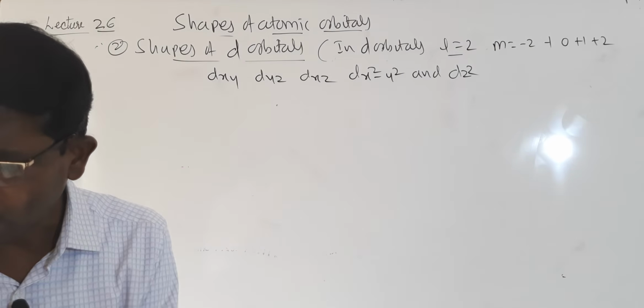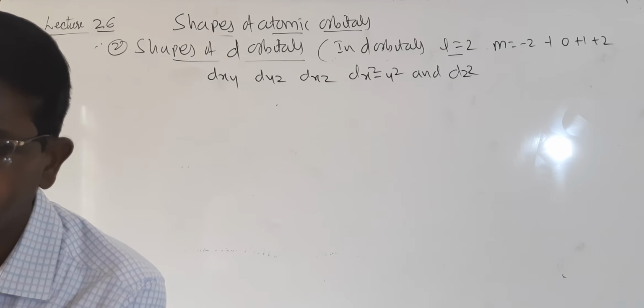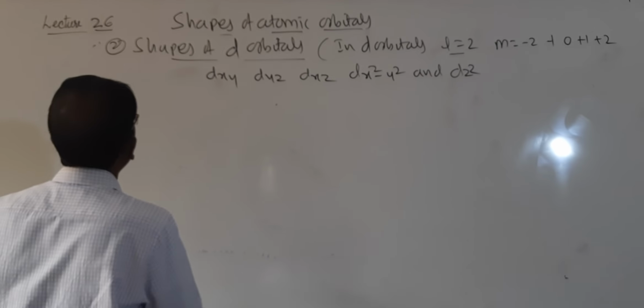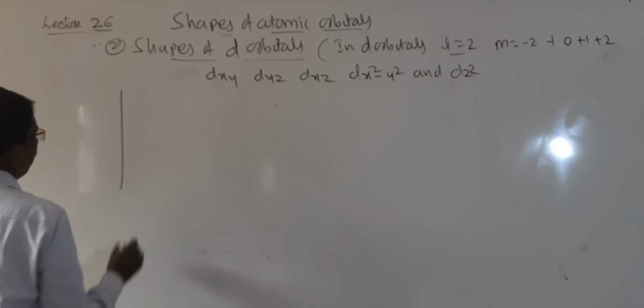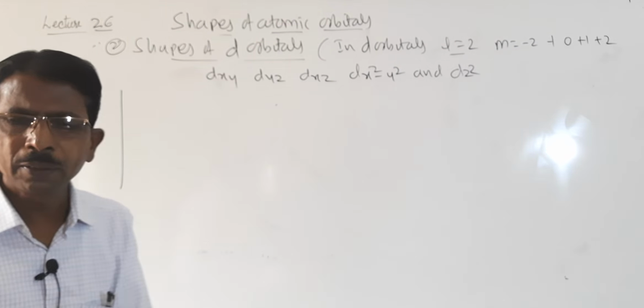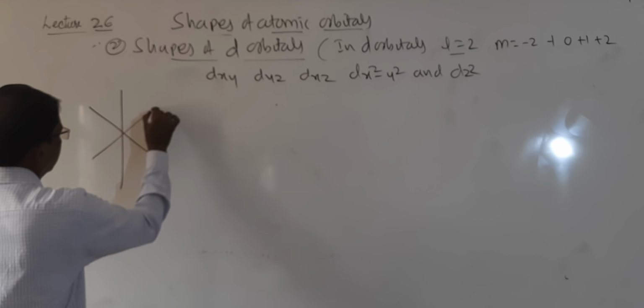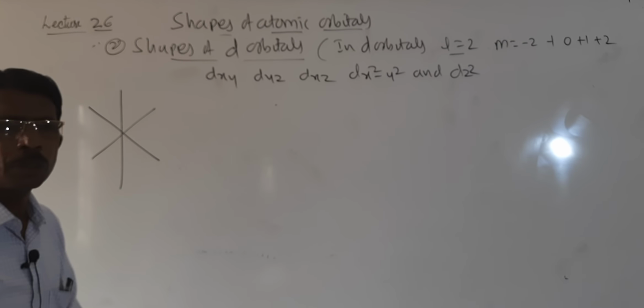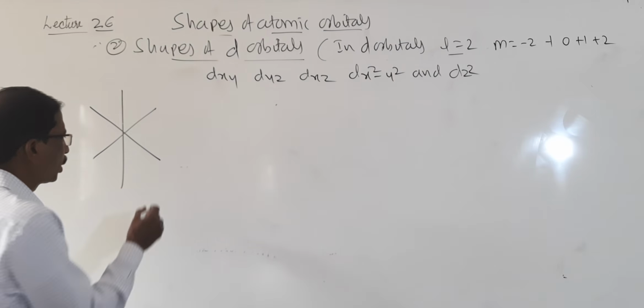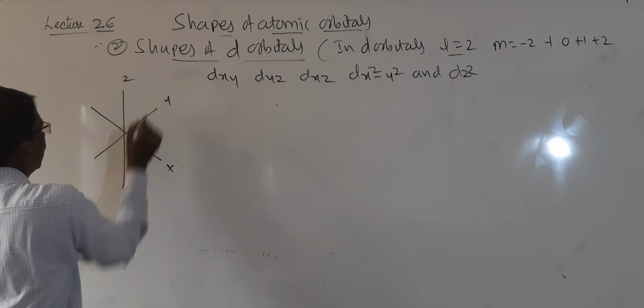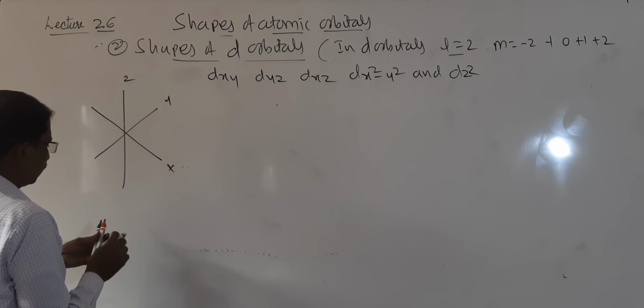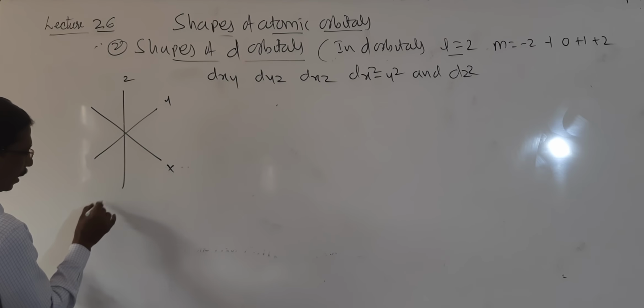The first one I will write here. Look here, while drawing this, you write 3 axes, x, y, z, x, y, z. Look here, here it is dxy.